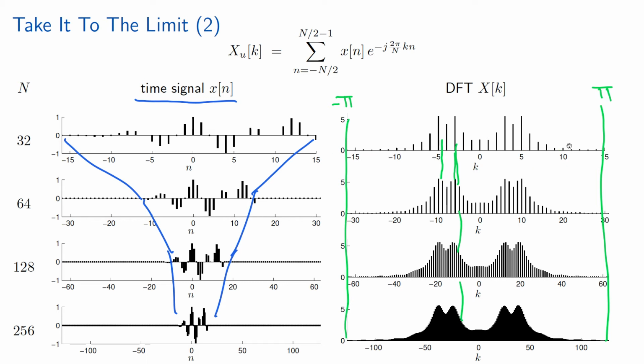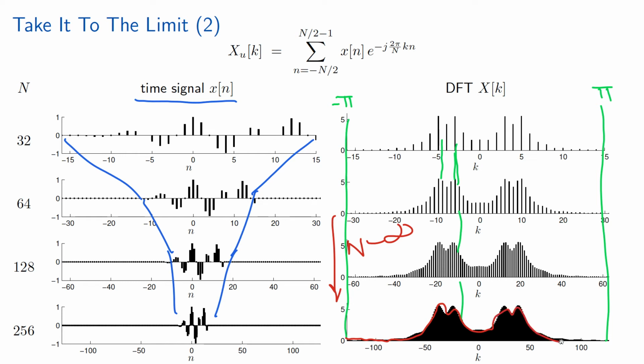Basically, we have 32 samples in the interval minus pi to pi, and then we have 64, and then we have 128, and then we have 256 samples. And it should be abundantly clear that as this process goes with n going towards infinity, this is no longer going to be a set of samples, but it's actually going to be a curve, right?